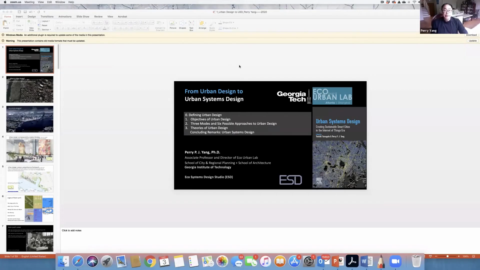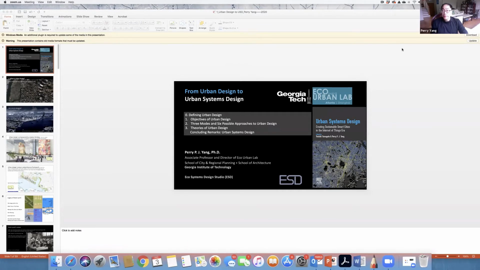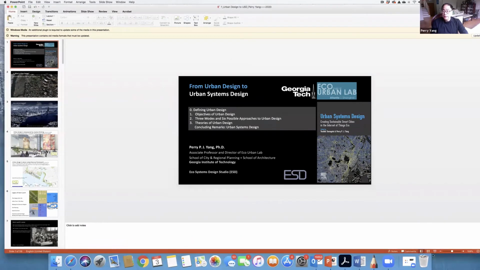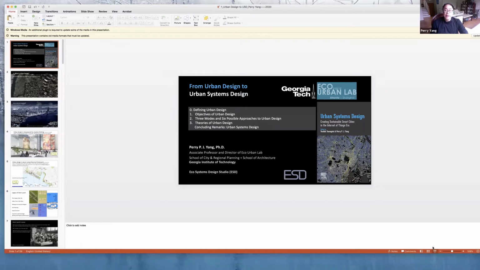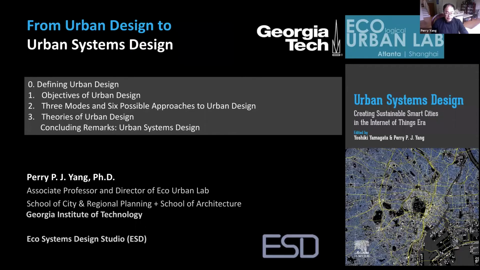And it is my pleasure to be invited to give a lecture for this urban design workshop at the Department of Urban Engineering, University of Tokyo. So I'd like to share with you some of my thoughts about urban design as the beginning for this intensive workshop.